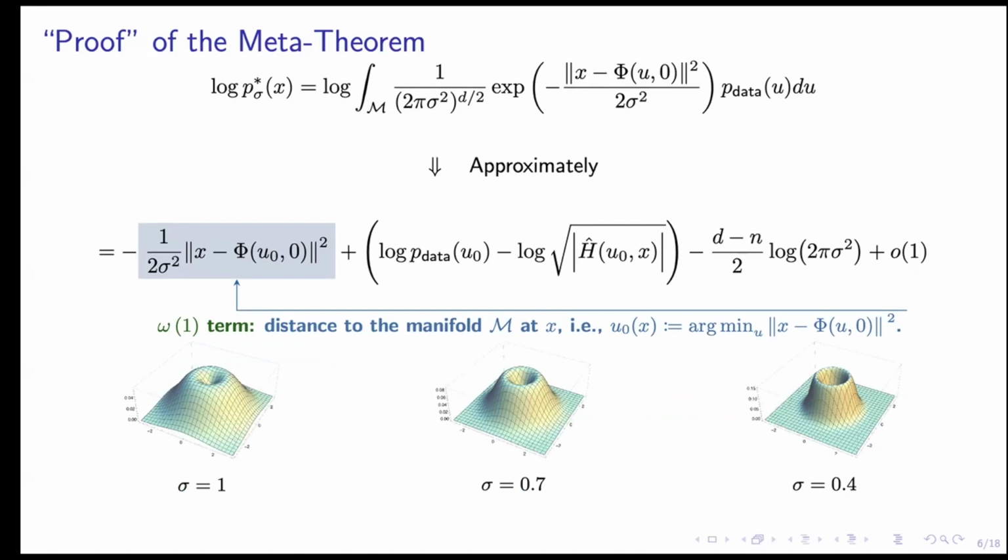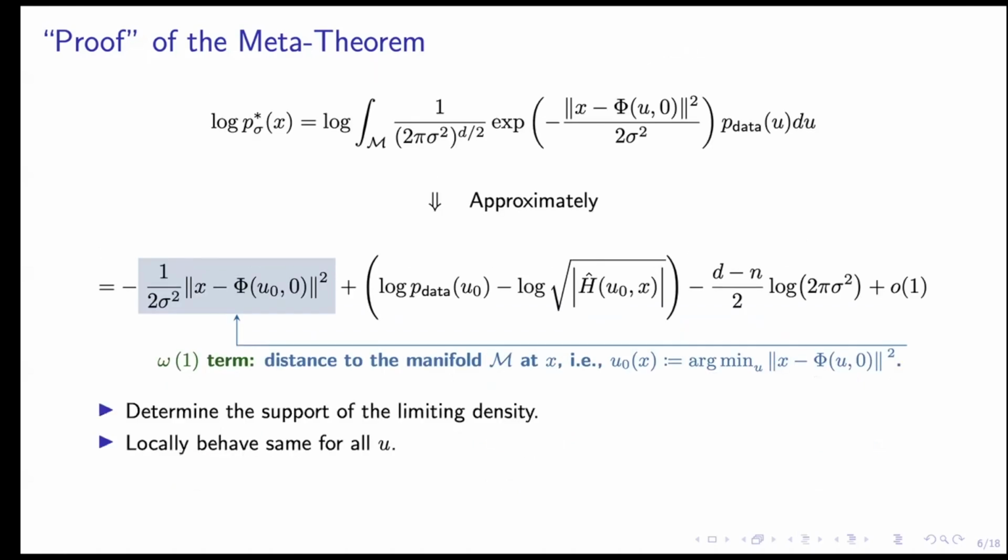As sigma goes to 0, points off the manifold have density that decays exponentially, so most of the mass concentrates on the manifold. The leading term determines the support of the limiting density, which is the manifold M, the support of P data. It's a pure geometry term, meaning it behaves locally the same for all P data. It does not introduce any bias towards the distribution you recover.